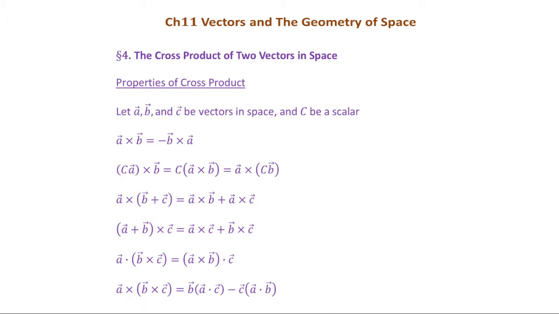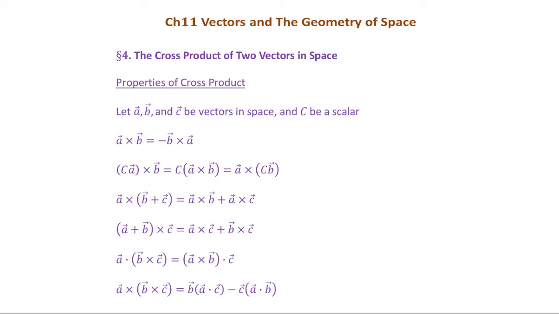A cross B is not equal to B cross A, instead it's equal to negative B cross A. So when you change the order of the cross product, you get a negative sign. Because the cross product gives you a vector, A cross B is a vector, and the negative sign in front of B cross A essentially means you switch the direction.